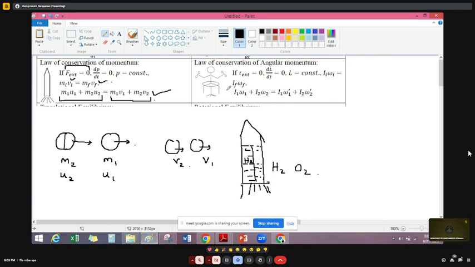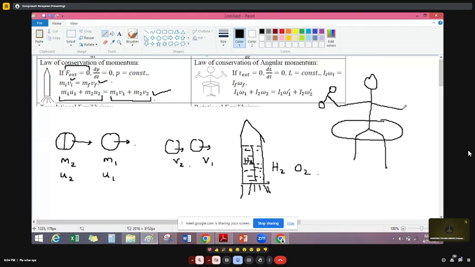The same thing is applicable in the case of rotational motion. Suppose if I have a rotating chair, and if I am sitting here, or if I am standing on a rotating table, I can have a dumbbell like this, and I can have my arms extended out, which means the mass is kept at a higher distance r.